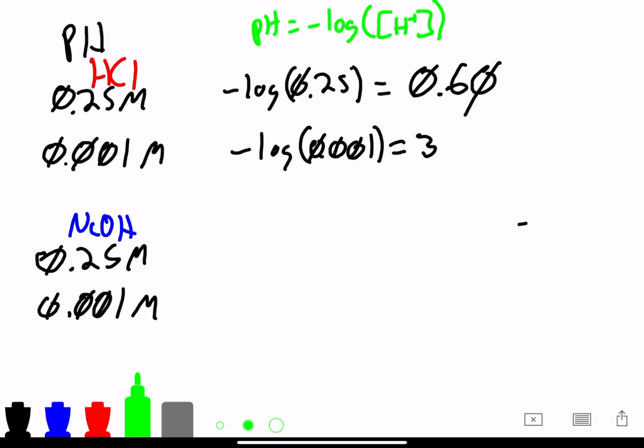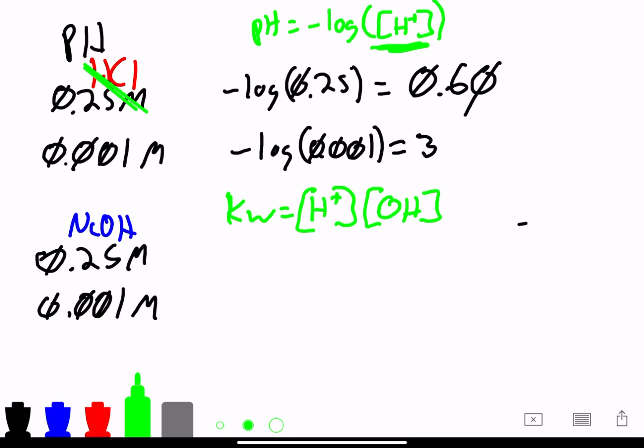Now, NaOH. We're going to have to approach this one differently because the pH is defined as a concentration of H+. So we're going to have to keep in mind that the autoionization constant of water is going to be equal to the concentration of H+ times the concentration of OH-.